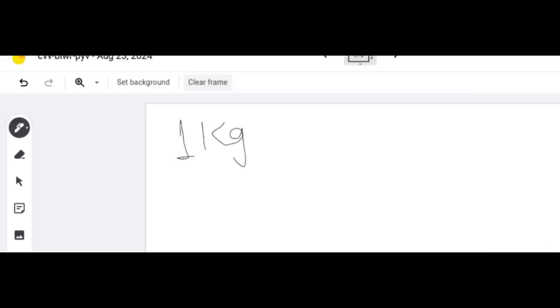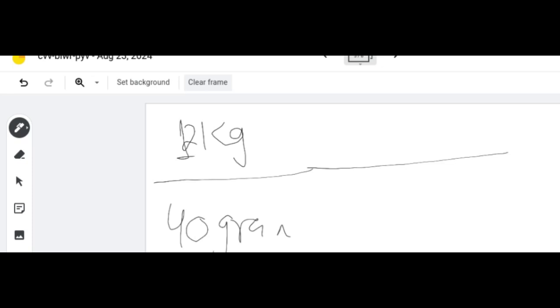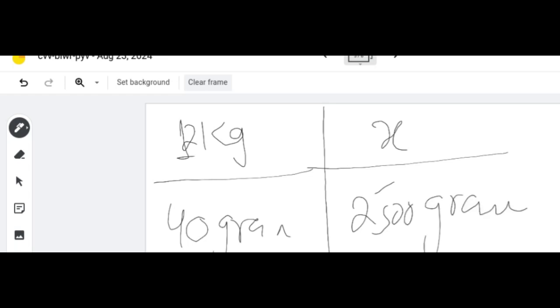A weight of 12 sheets of thick paper is a given value. We didn't find that. For the 12 that is 40 grams, that is the given value, and we have to find this x, for 2500 grams.